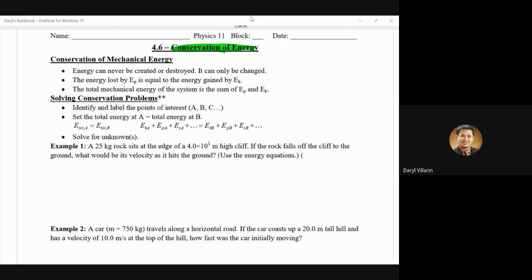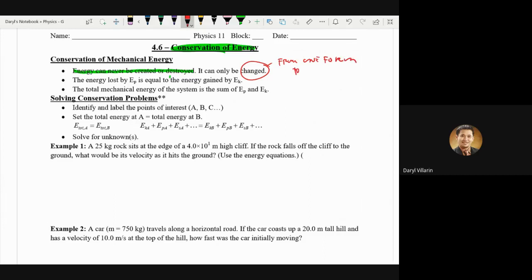Energy can never be created or destroyed. It's something that is already present, okay? It can only be changed from one form to another.